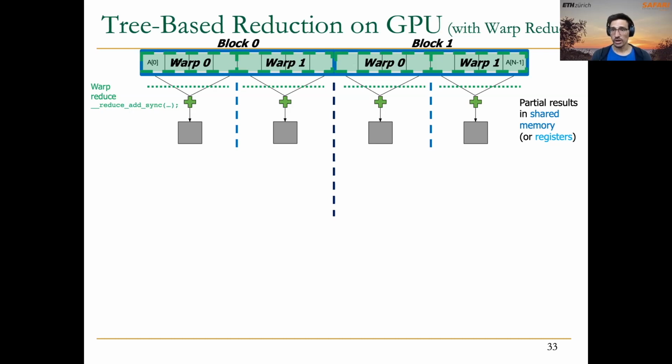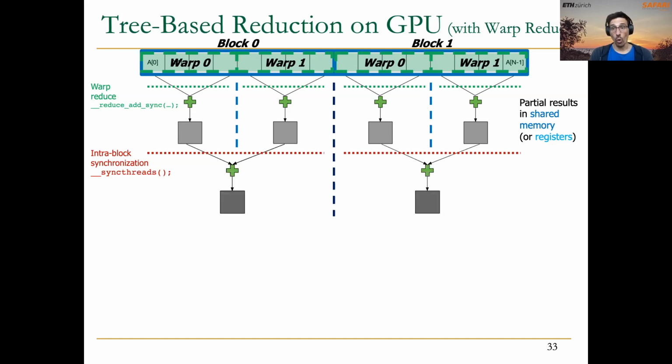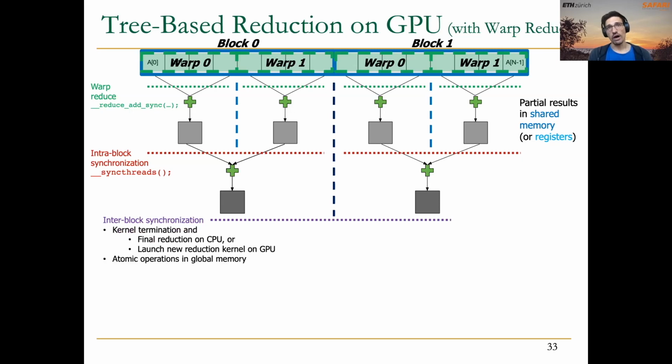We can replace this whole inner loop with a warp reduce function, as we are going to see in the next slide. If we have to communicate data across different warps in the same thread block, we'll have to use intra-block synchronization. After finishing the kernel and obtaining one partial result per thread block, we'll have to do again the inter-block synchronization in order to obtain the final result.